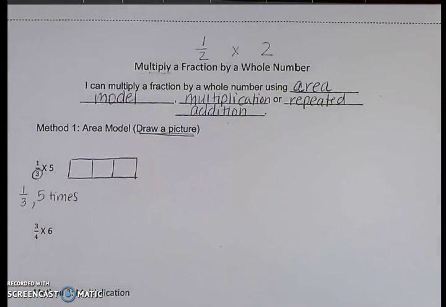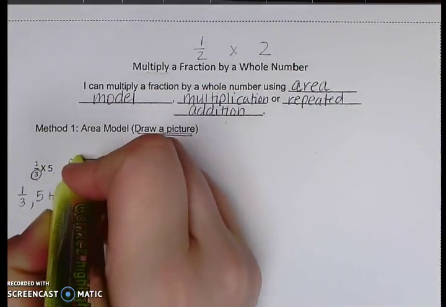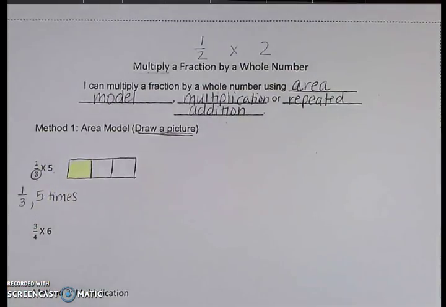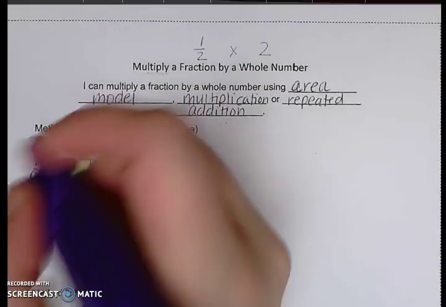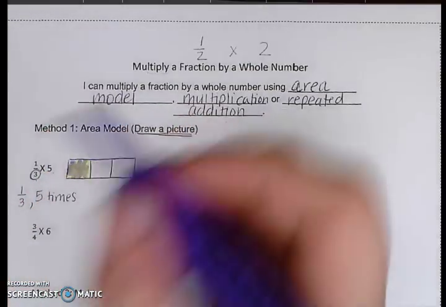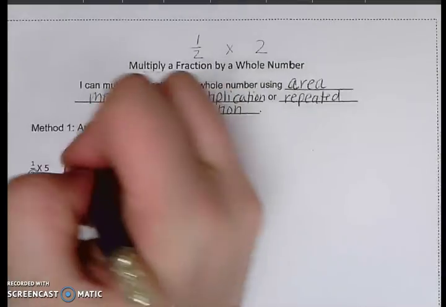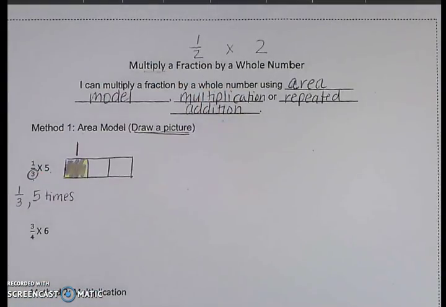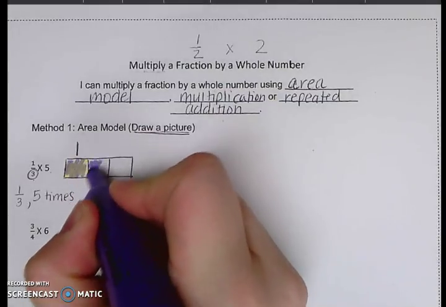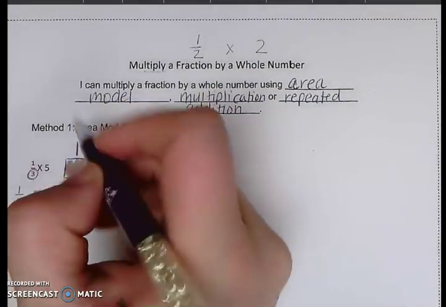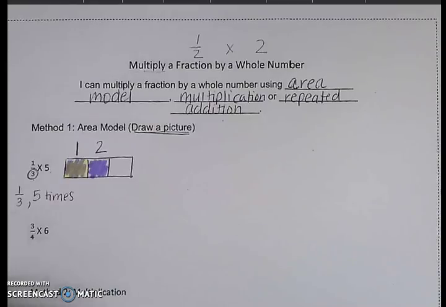So I'm going to color in 1/3 5 times. So here would be 1/3 colored in once. Oops, that's kind of hard to see. Let me grab a different color there. Okay, so that's 1/3 colored in once. That's 1/3 colored in twice.